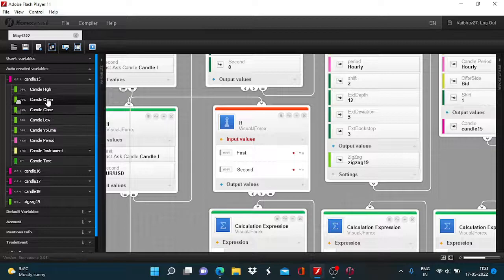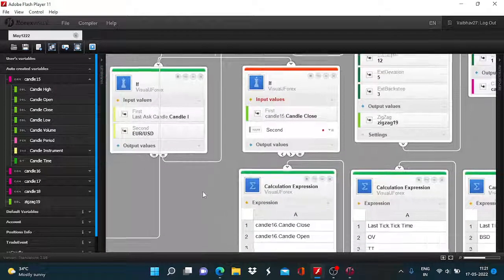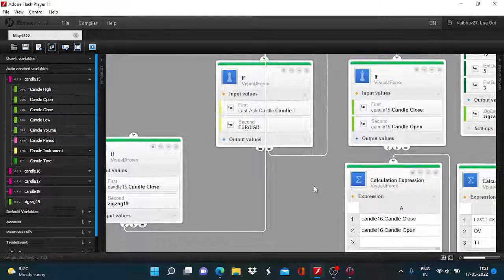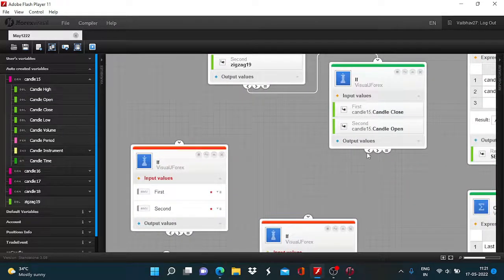Candle 15 candle close needs to be less than candle 15 candle open. So this becomes first input less than second input.